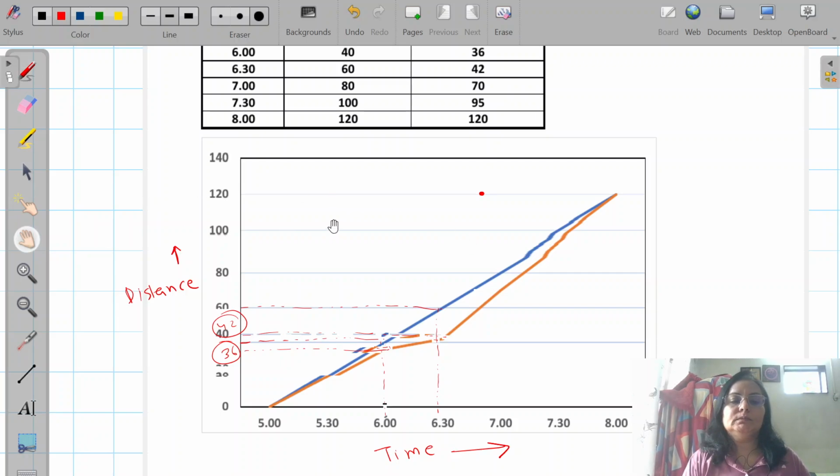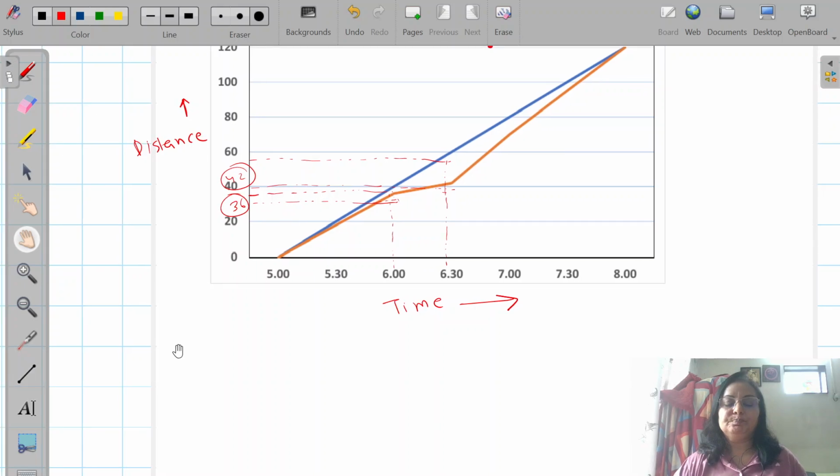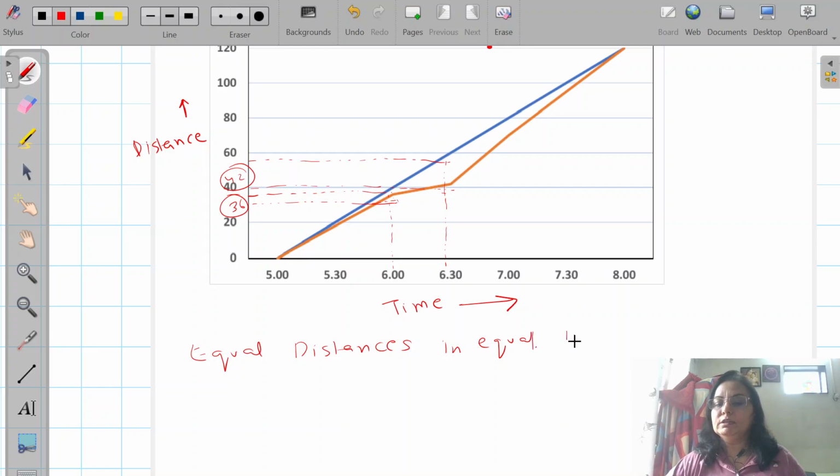So we can say if an object covers equal distances in equal intervals of time, it is moving with uniform motion.